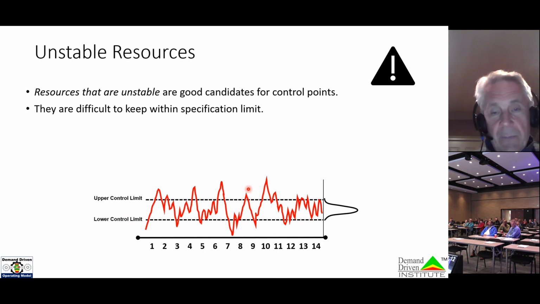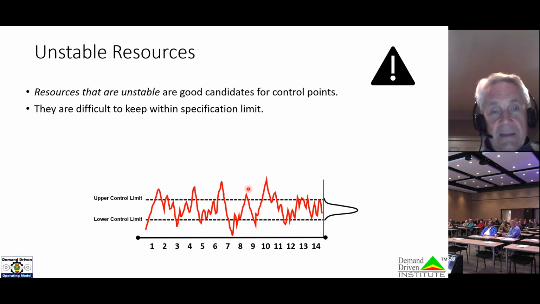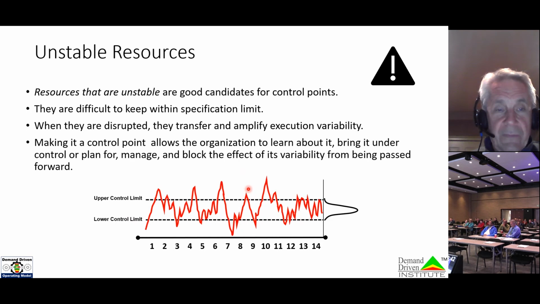Oftentimes, there may be environmental conditions or other process conditions where, like I know many companies doing printed circuit boards have yield issues where they have to send PCBs back through because when they get to test, they fail and do not come within tolerances. Anytime you've got those kind of situations, you really should be thinking about whether they should be considered as a drum resource, because if we don't buffer them correctly and we don't manage them correctly, we are going to feel the impacts as we go through our production flow.